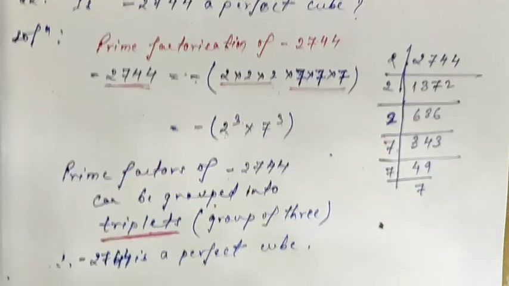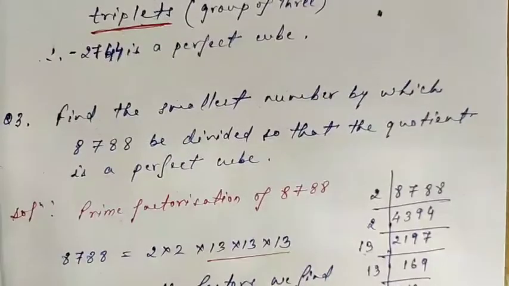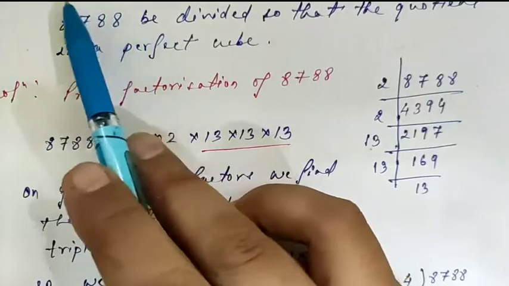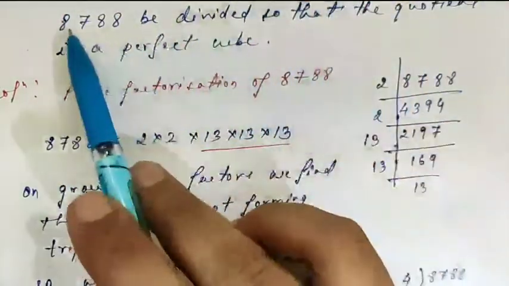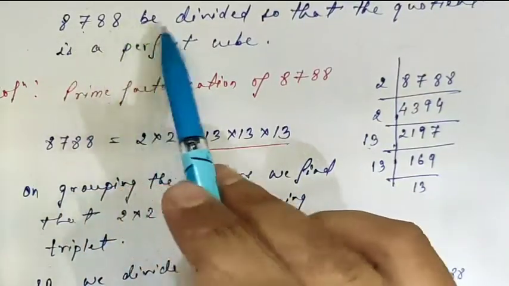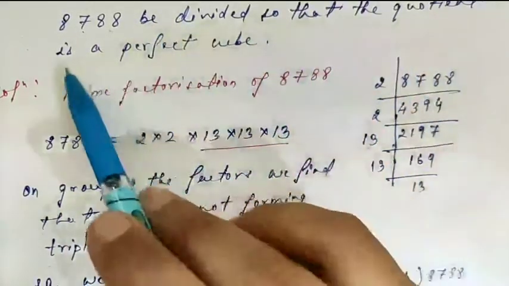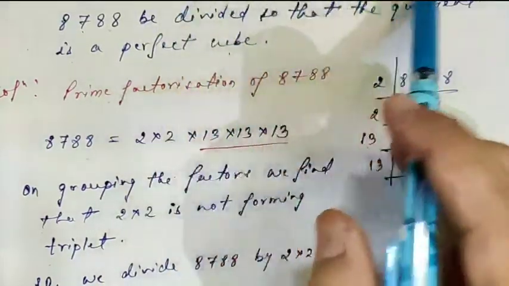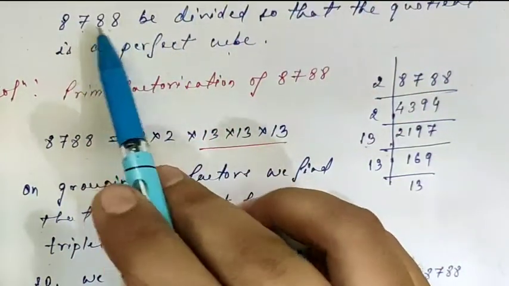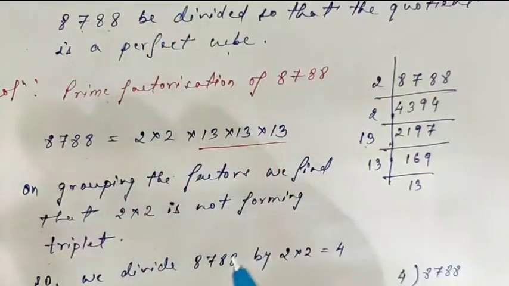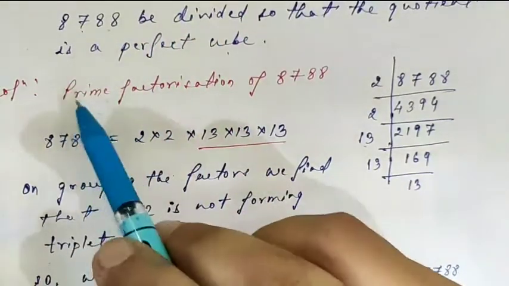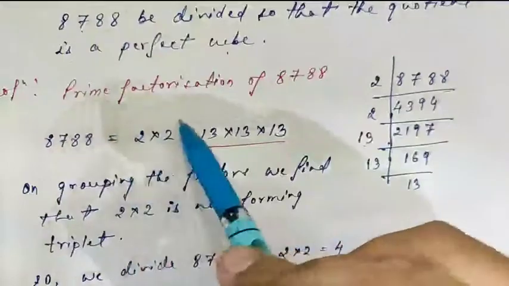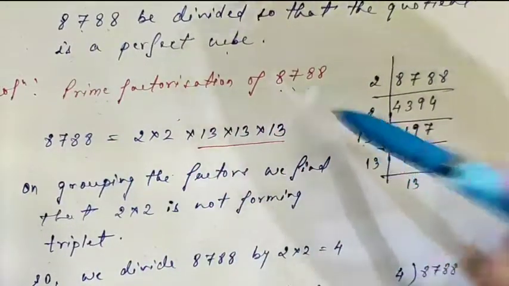Understood? Now take another example. Find the smallest number by which 8788 must be divided so that the quotient is a perfect cube. The first step is the same as the previous question, prime factorization of 8788.